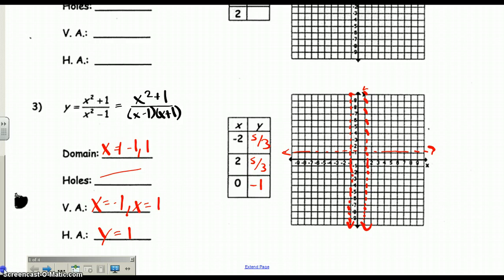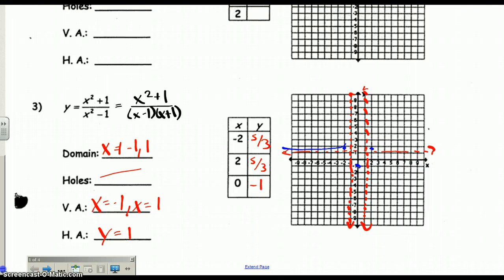Now on the last problem, we plugged 2 points in each area just to make sure that's where our graph was. But now what you'll notice is that if I plot these 3 points, (-2, 5/3) is somewhere right here. (2, 5/3) is somewhere right here. And (0, -1) is somewhere right here. You can figure out where all 3 graphs are, and they're going to fit in the quadrants.